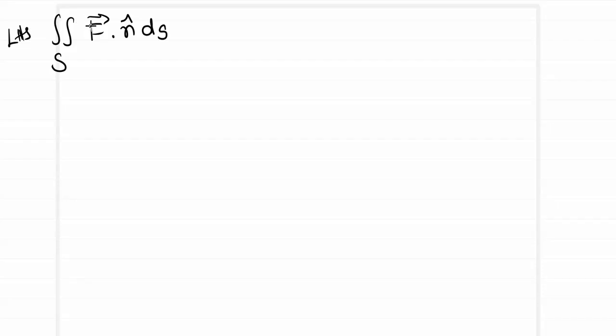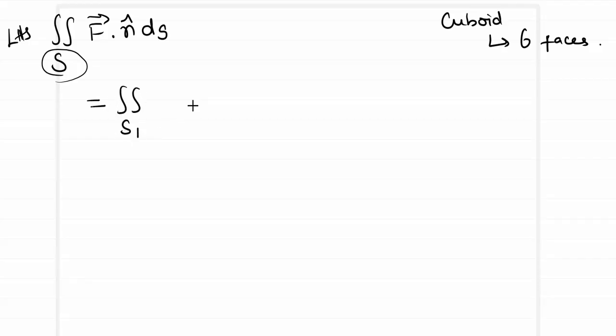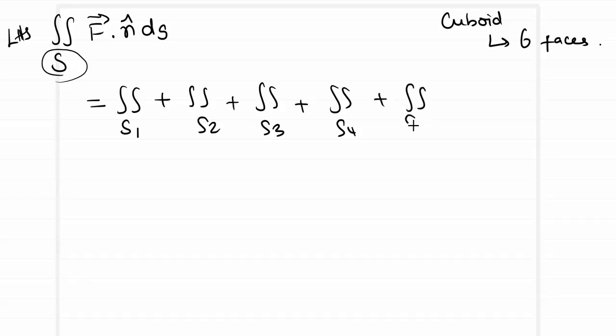Now what we are going to do is, we have a cuboid. A cuboid has how many faces? It has 6 faces. So this S over here, I am going to split as S1 surface 1, S2 surface 2, S3 surface 3, S4 surface 4, S5 surface 5 and S6 for surface 6.